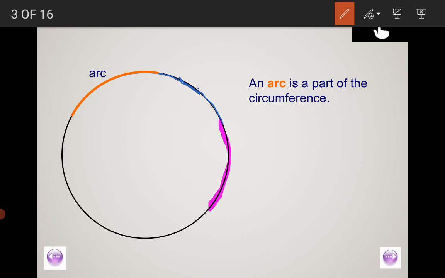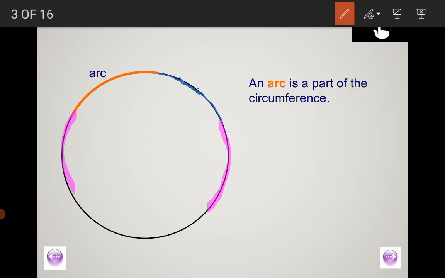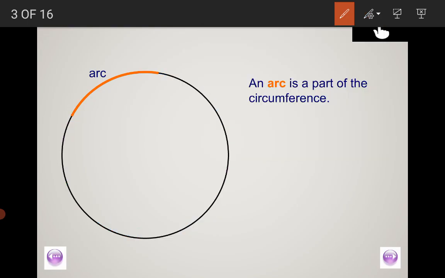An arc is just a fraction of a circumference, right? This could be another arc there. I hope we are good on this one. So an arc is just part of the circumference.